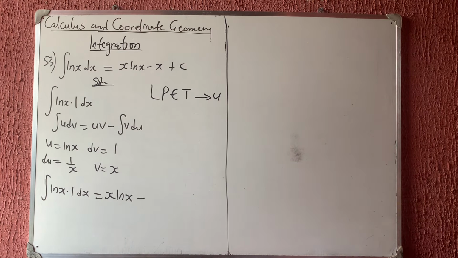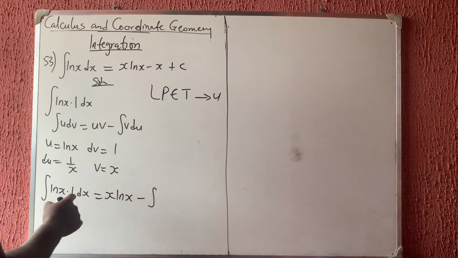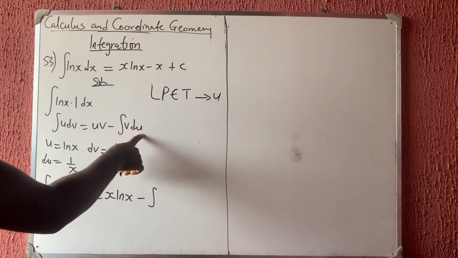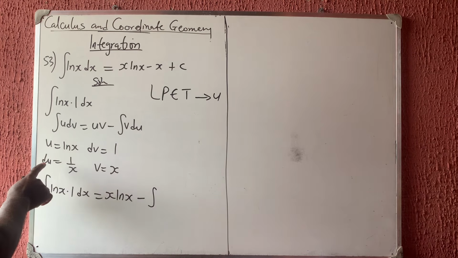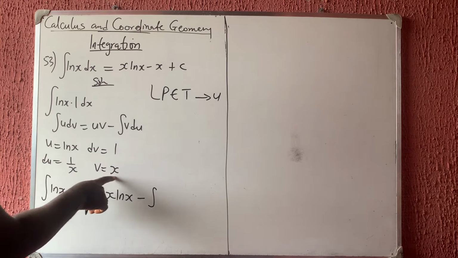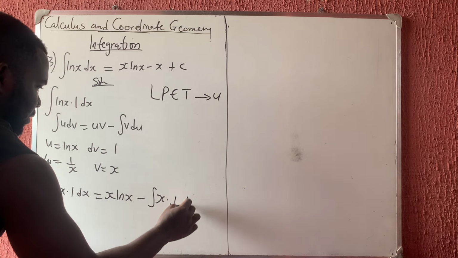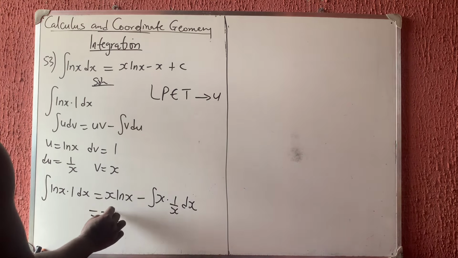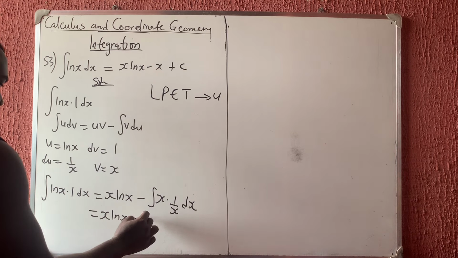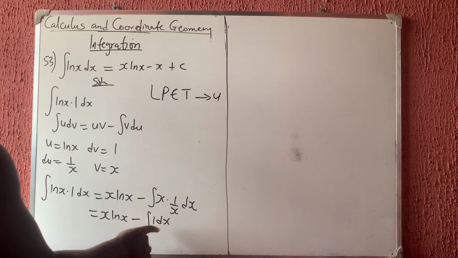So this is x ln x minus the integral of v du, which is x times 1 over x dx. So this is now equal to x ln x minus the integral of 1 dx, because this cancels.